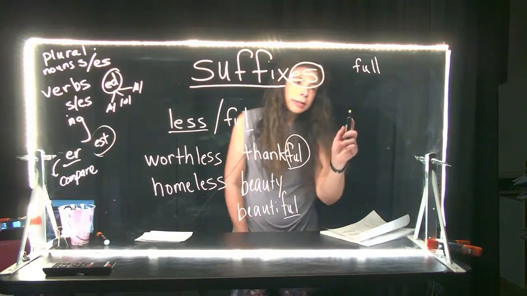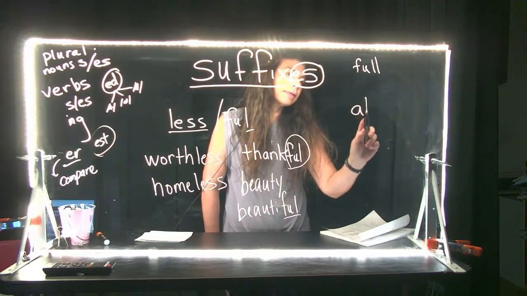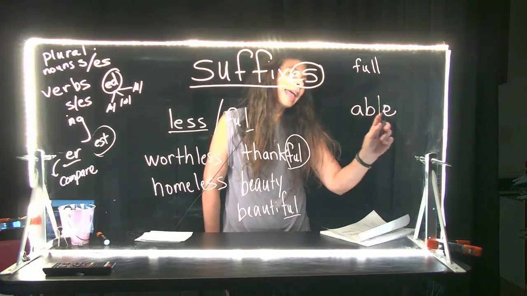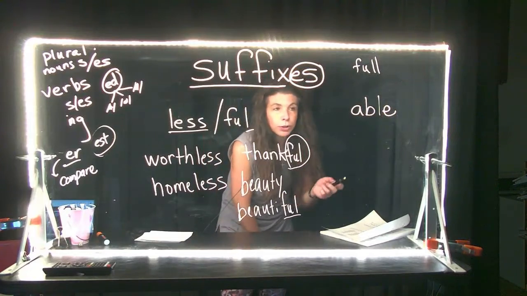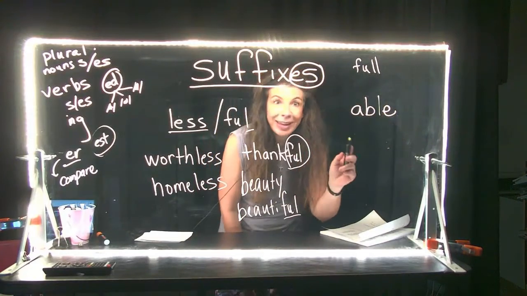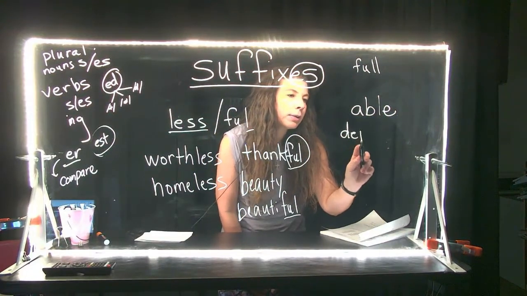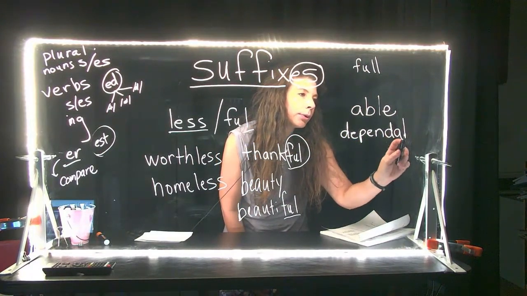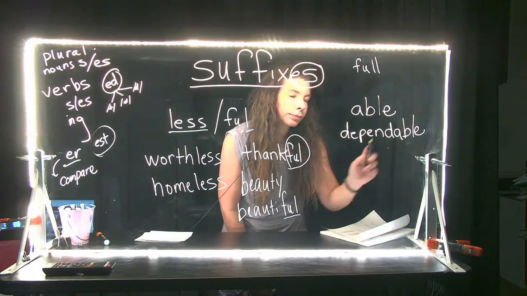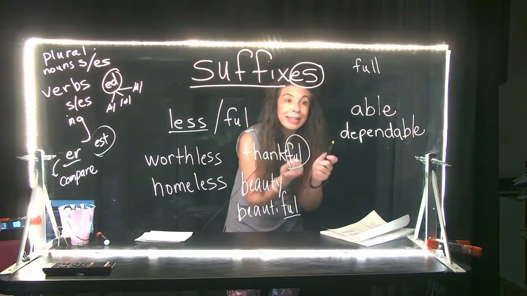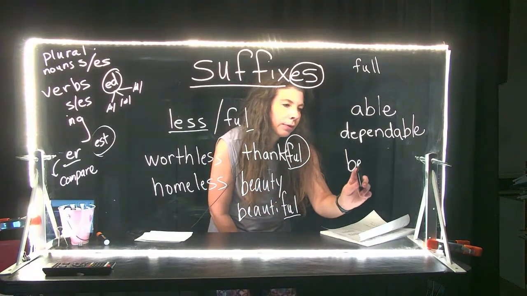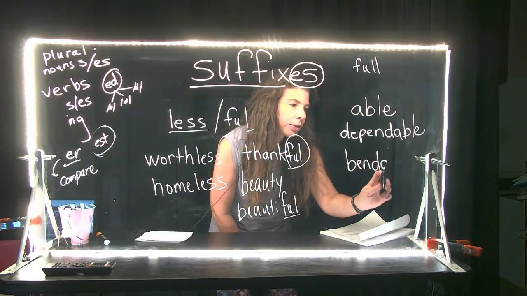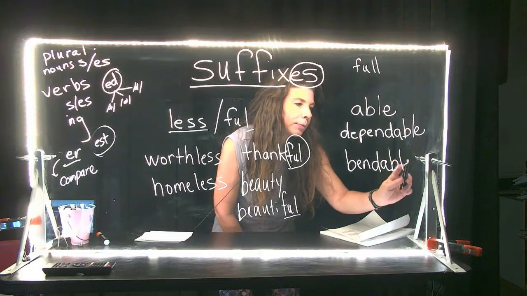The other suffixes that we use pretty often: able. If you're able to do something, it means that you can do it. So if I can depend on you, then you are dependable. If I can bend you, then you are bendable.